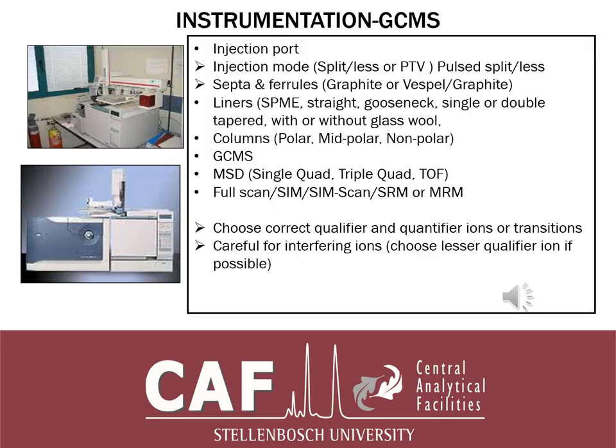You don't always have to use the higher ion, or you don't always have to use the base peak when you qualify and quantify. We'll talk about that later. What is the qualifier and quantifier? We'll talk about that later.